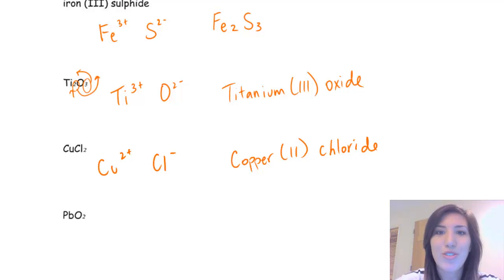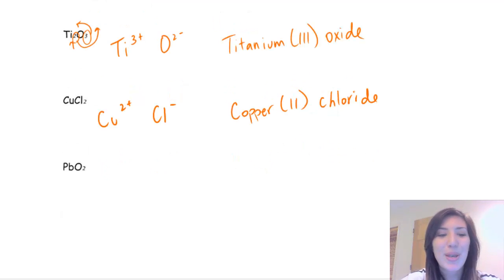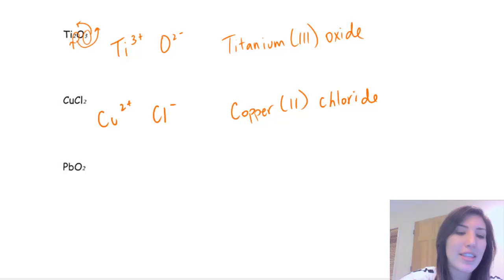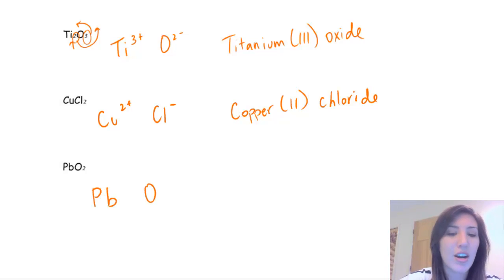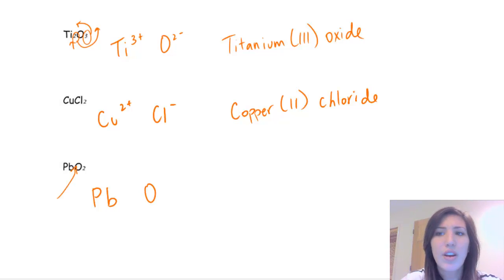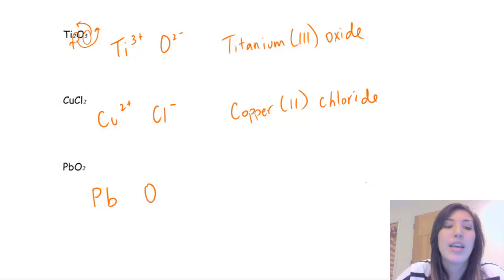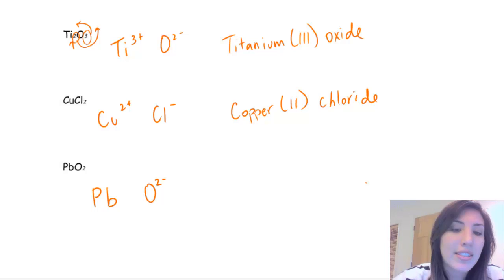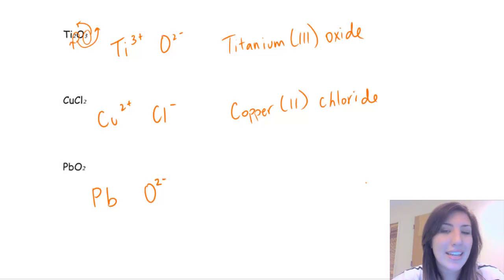All right, one more tricky one for the end. PbO2. Well, we know that this is lead. This is going to be oxygen, but this is weird because there is no subscript here after the Pb. We know that O is 2 minus, so that means that this formula must have been reduced because the O has a 2 negative ion.